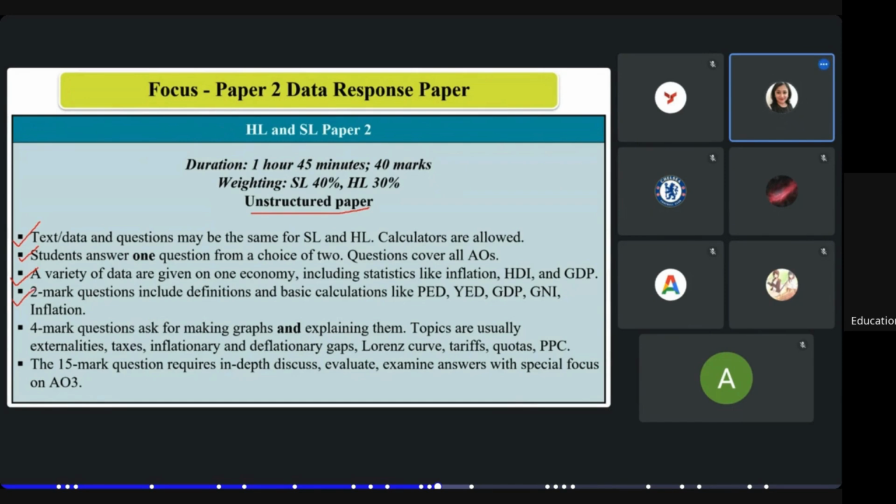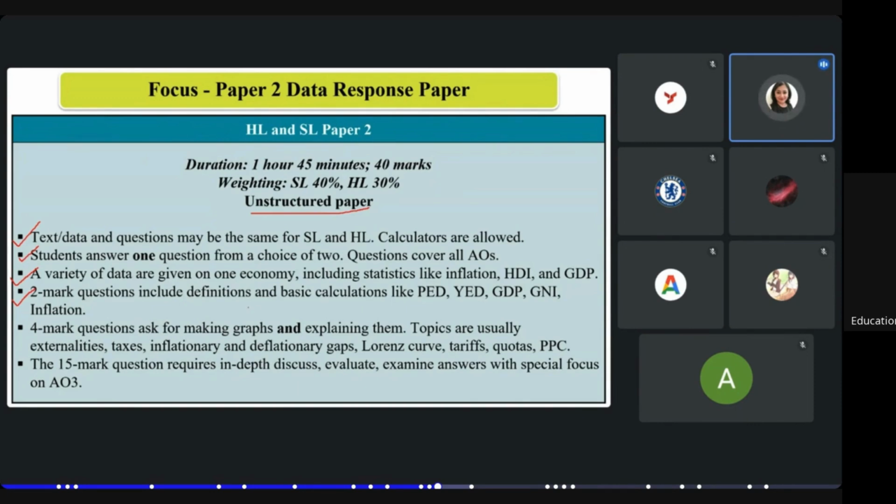2-mark questions. There are subparts in this paper. All 2-mark questions. See, the good thing about paper 2 is that it's very predictable. We know the flow of the questions. We also know that they will tell you what diagram to make. All you have to do is make that diagram. That's the best thing about paper 2.